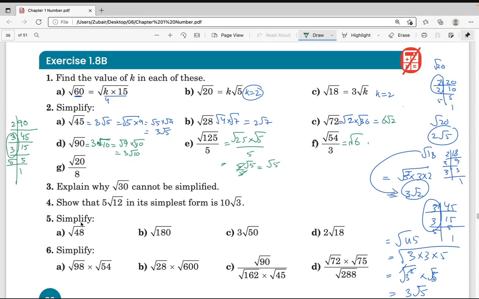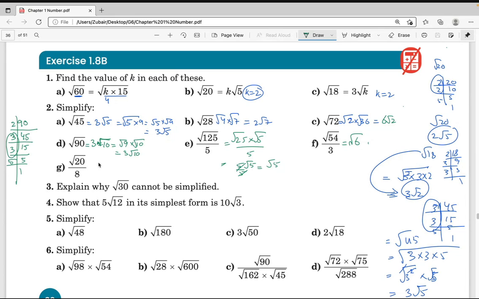My bad. Okay, so just simplify square root 20 alone. 2 into 5, so 2 square root 5, divided by 2. Sorry, did you say 2.5 or 2 square root 5? I said 2 square root 5. Okay.